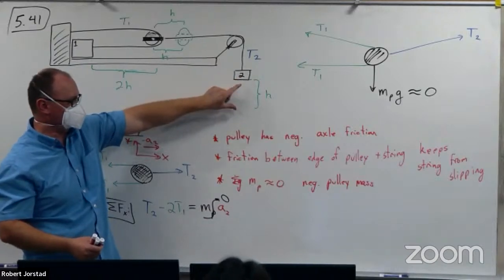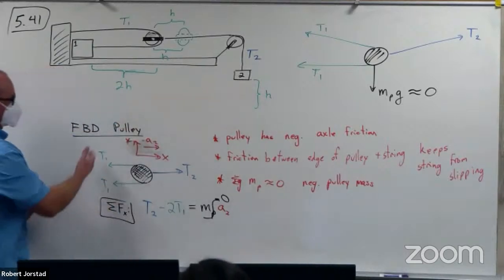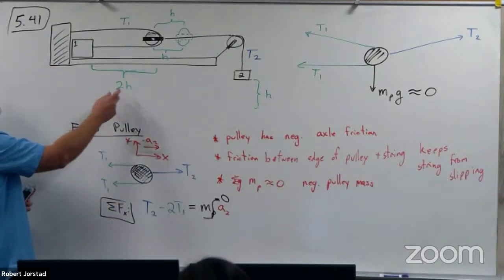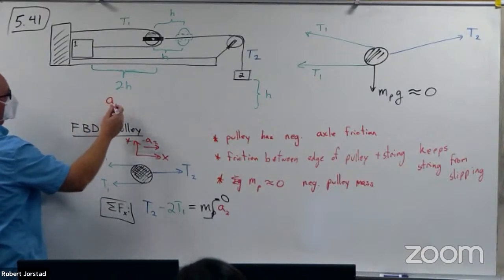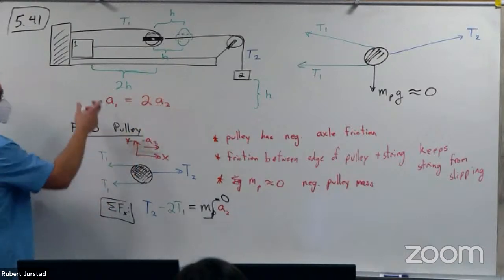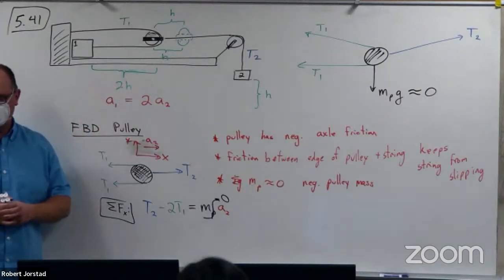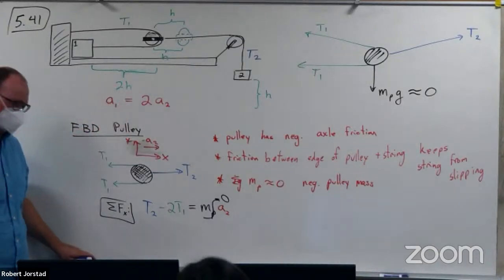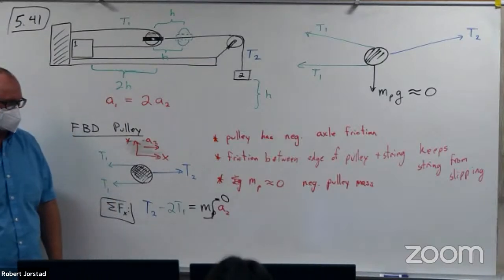Or you could say this, you could take two derivatives of y and you get the acceleration, or you take two derivatives of this, you get the acceleration with a factor of 2. So notice a1 is equal to twice a2 because it's moving twice as far. So at this point, you could do all this. What do you think? Feeling good on that? It's kind of an advanced mechanical engineering type of trick.